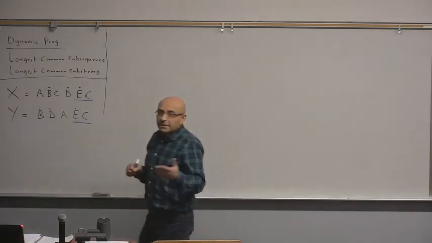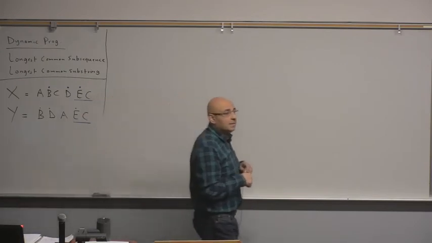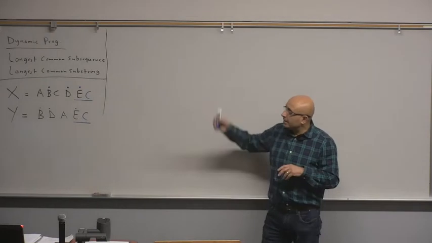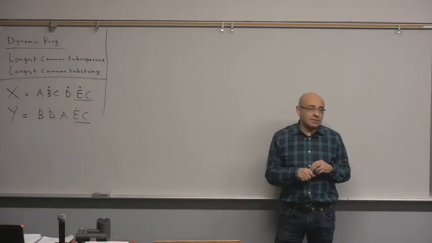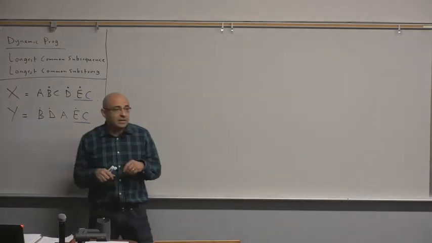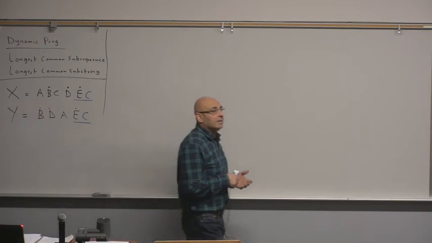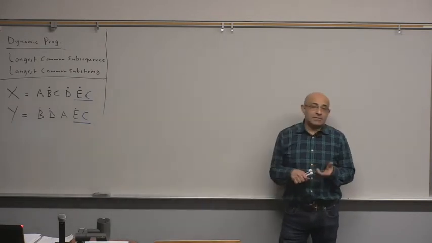Base cases are not a problem, because you can always find easy base cases. Like in this case, if the strings are empty, then the longest common subsequence is empty. That could be a base case. Or if each string has one character, then the longest common subsequence is what?